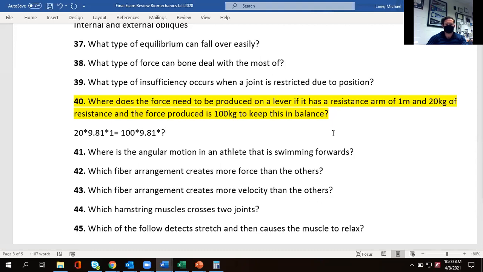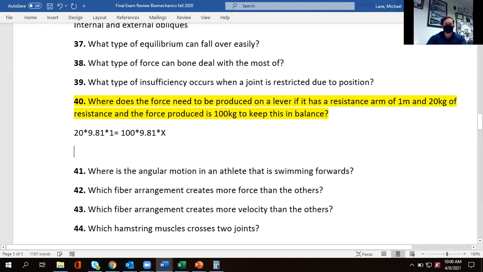So effectively, this distance, we'll call this x, needs to balance out in such a way that we're going to obviously have this where it needs to be in a balance. So if we come over and we're going to have 20 times 9.81, actually we can get rid of the 9.81 off both sides because it's on both sides.